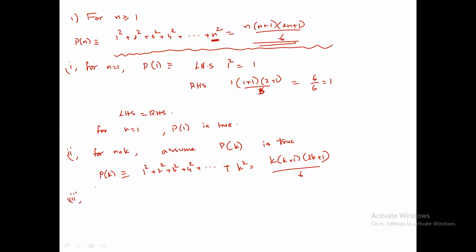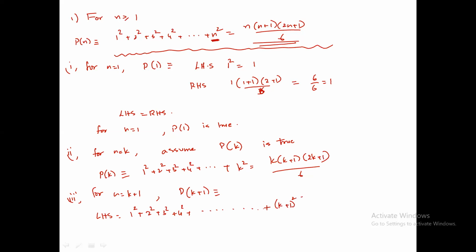So third work is for n equal to k plus 1. You take P of k plus 1, but take only left hand side, because here you have to do lot of work. You have to prove. Left hand side you will have 1 square plus 2 square plus 3 square plus 4 square, like that. N is (k plus 1) whole square.